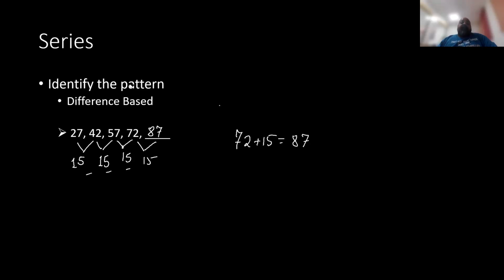Right? Now, it is not necessary that the differences will be constant. For example, if I have a series which reads something like this, again, as I said, as a rule, whenever there is a question based on series, I will not know what kind of a series it is.